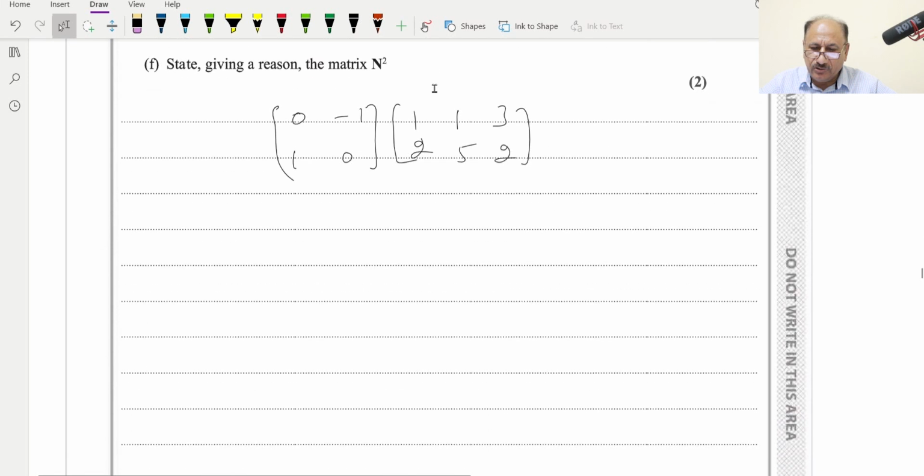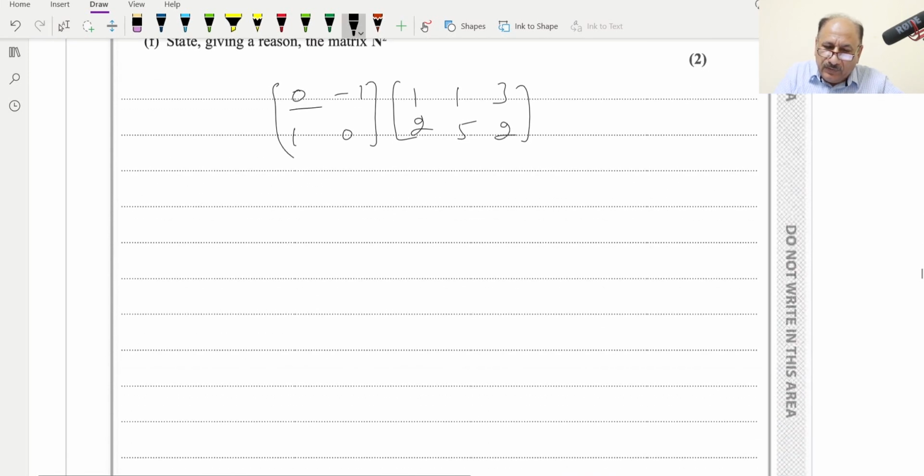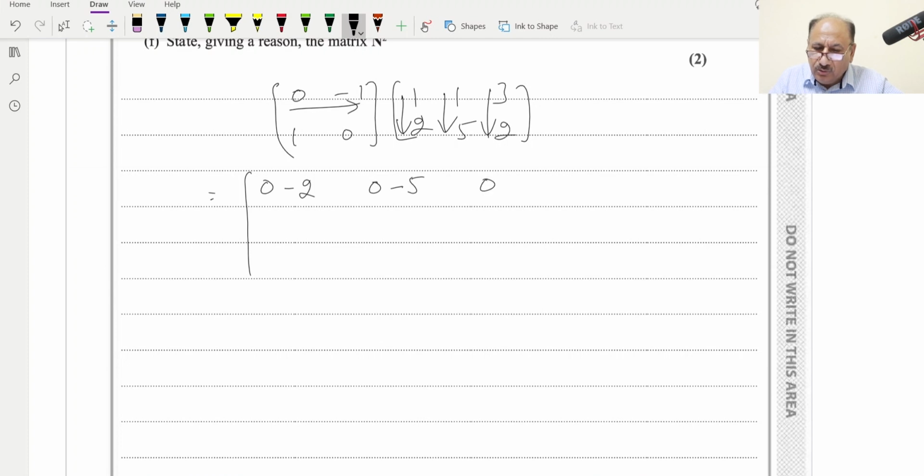So multiplication of matrices, you know, this is first row, first column, and this will be over here. 0 into 1 will be 0, and minus 1 into 2 will be minus 2. And first row, second column will be 0 into 1 will be 0, and minus 1 into 5 will be minus 5. And first row and third column, so 0 into 3 will be 0, and minus 1 into 2 will be minus 2, and bracket close.